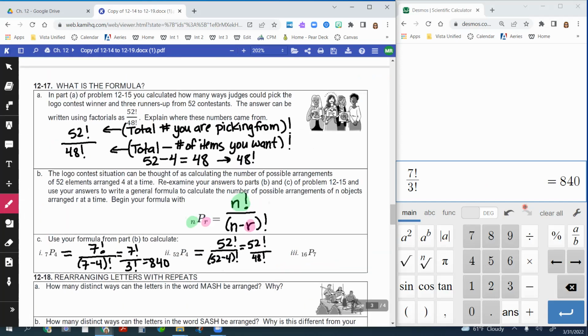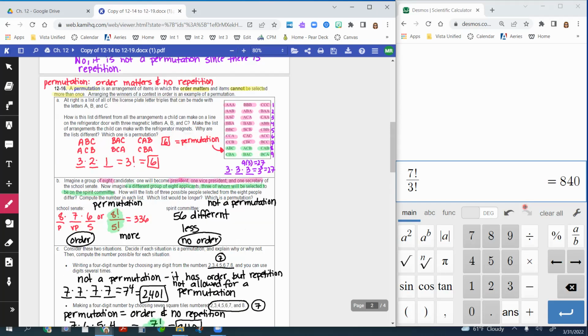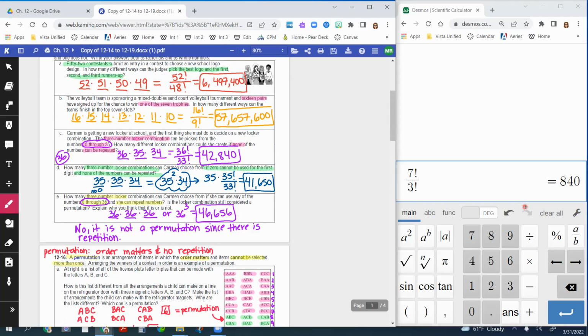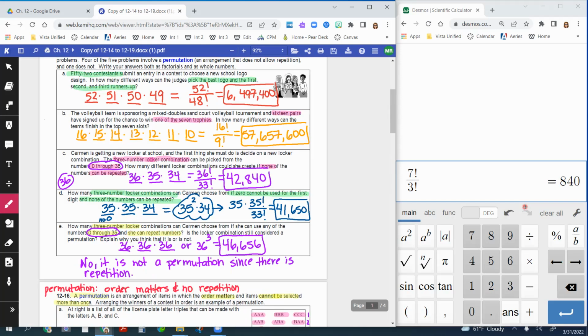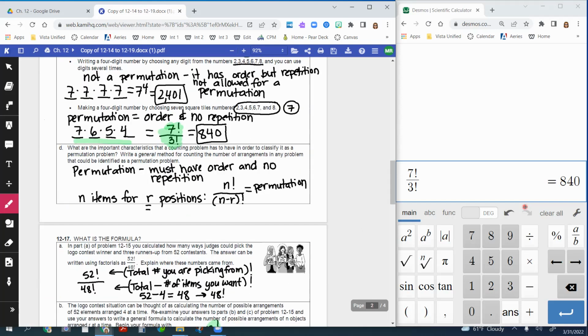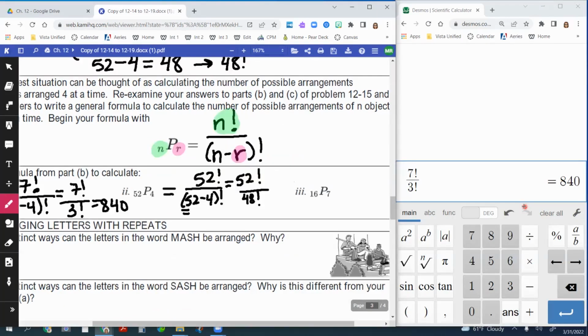And we had done that one with the contestants, and we got 6,497,400.